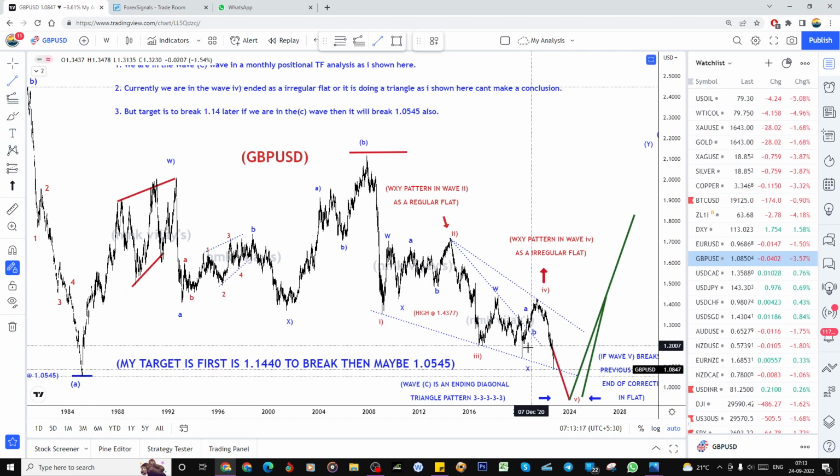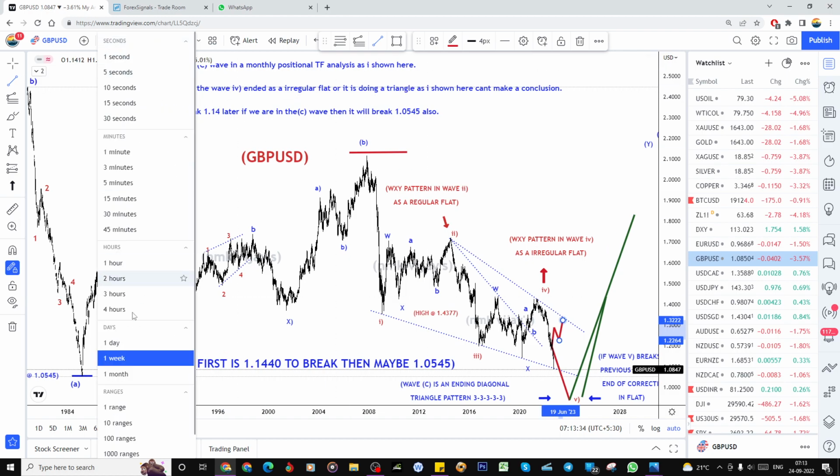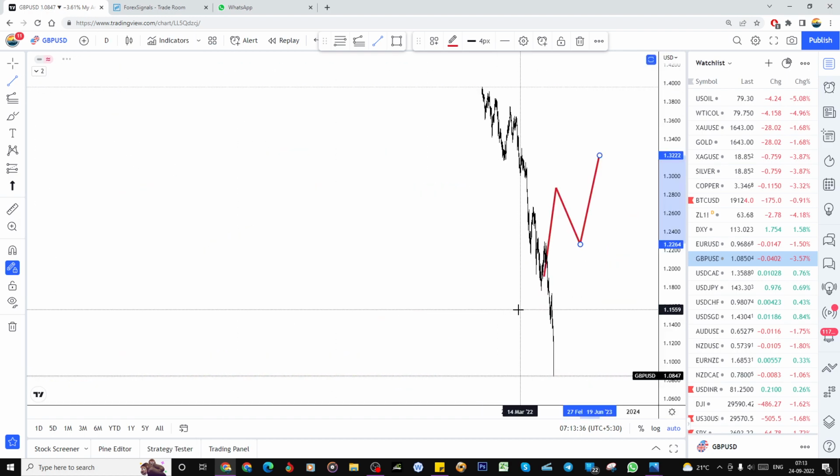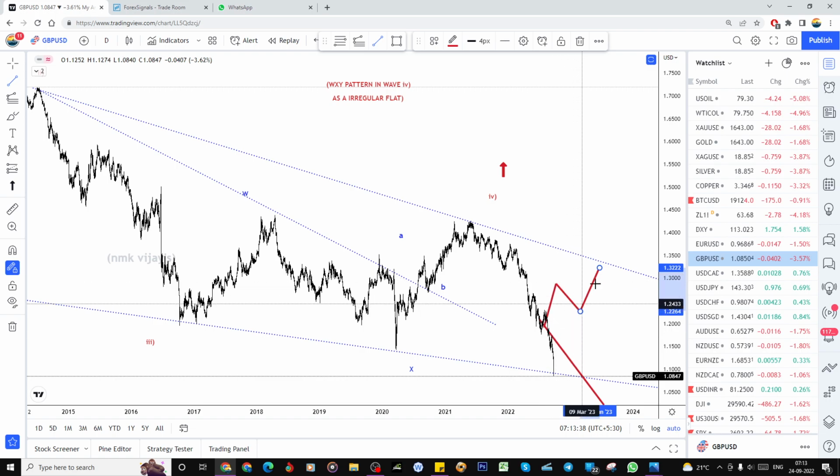Here also, if it didn't break this, I expected this kind of triangle. That is also valid, and my target is going to reach 1.05. It's going to reach because it's already broken. So this is the completion of the fourth wave, positional weekly analysis. Here also I expected the triangle, but it already did.